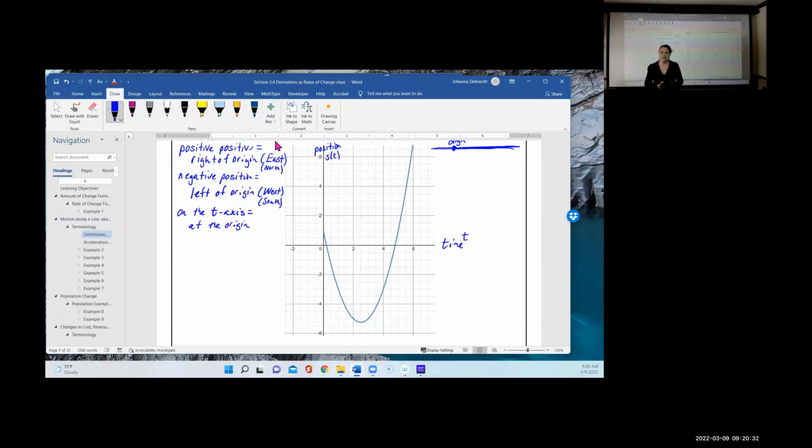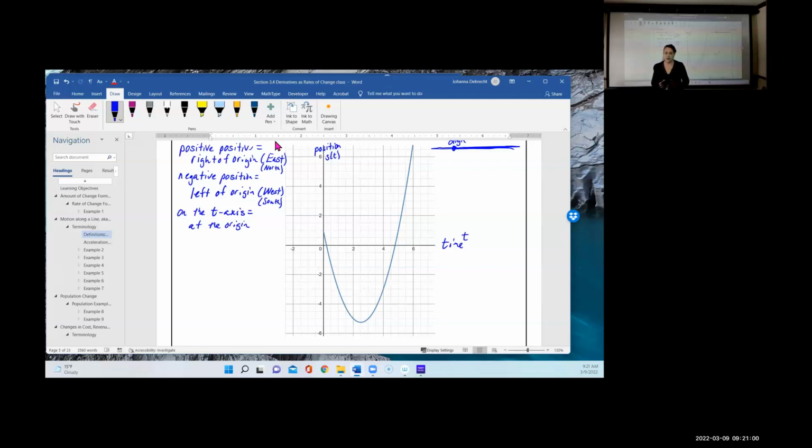So let's just say that the origin is the intersection of 70 and I-25. So if you're on the t-axis, then you're there at that intersection of 70 and I-25. If your position is positive, you're east of that intersection. And if your position is negative, you're west of that intersection.